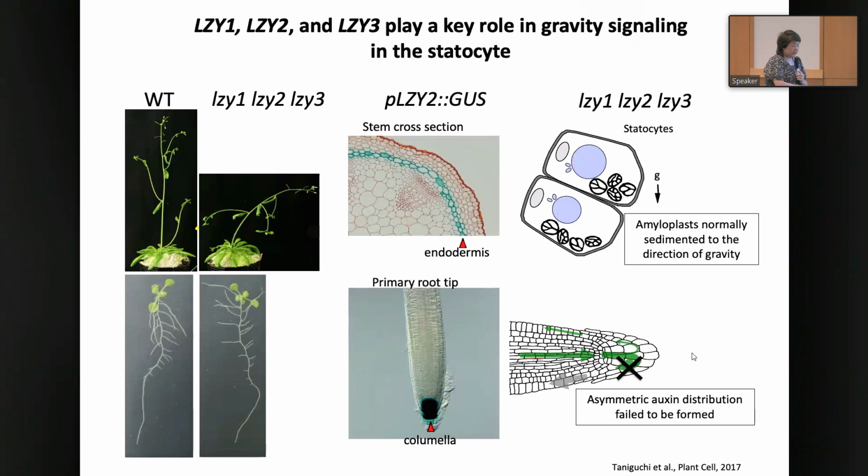And what we newly demonstrated using Arabidopsis is that LZY 1, 2, and 3 redundantly function in shoot and root gravitropism. We also demonstrated that the LZY genes are mainly expressed in the statocyte, and that statocyte-specific expression of the LZY gene was able to rescue the triple mutant phenotype.